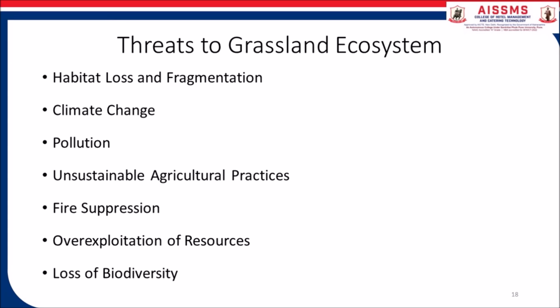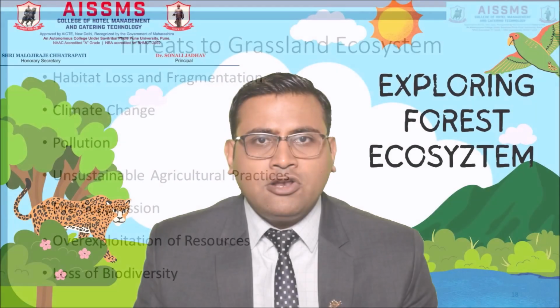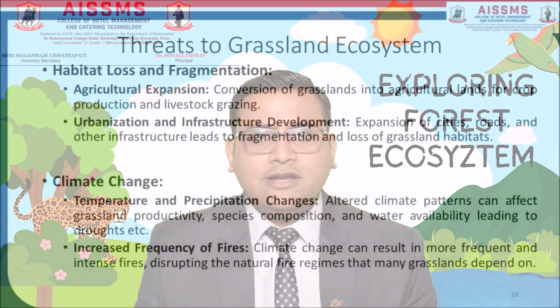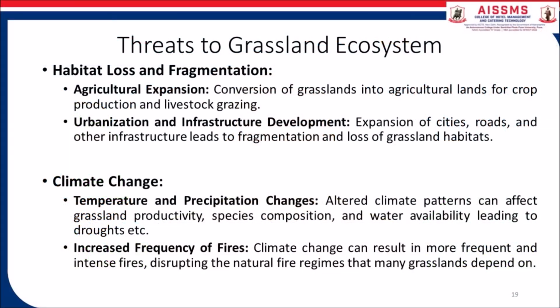First one will be habitat loss and fragmentation, climate change, pollution, unsustainable agriculture practices, fire suppression, overexploitation of resources, loss of biodiversity. The first one will be habitat loss and fragmentation.